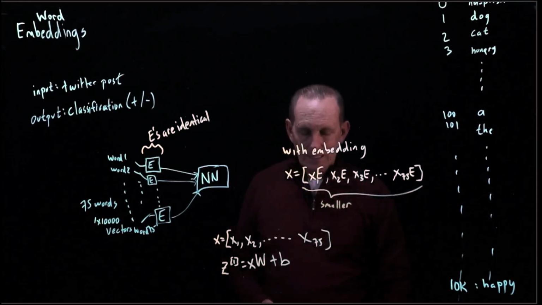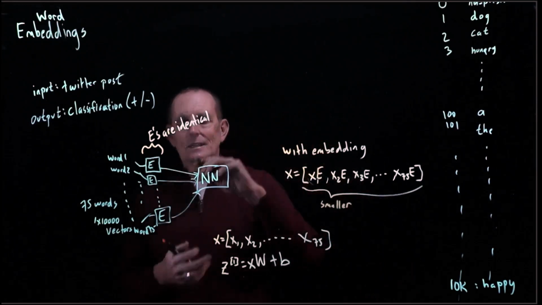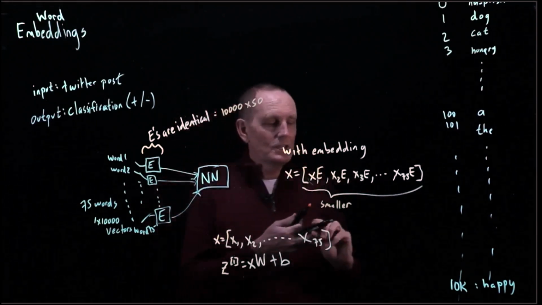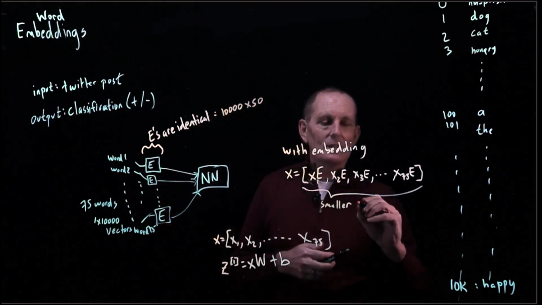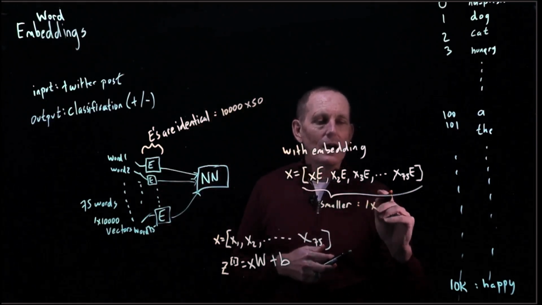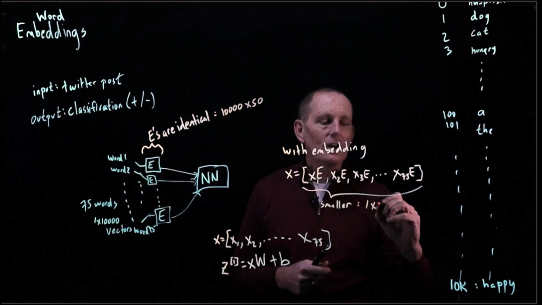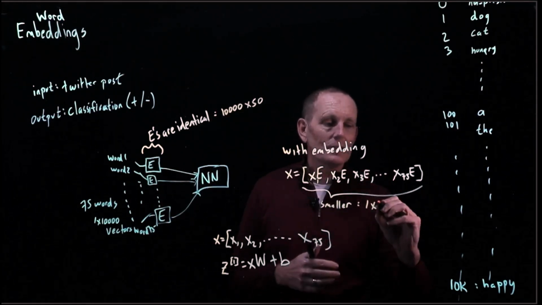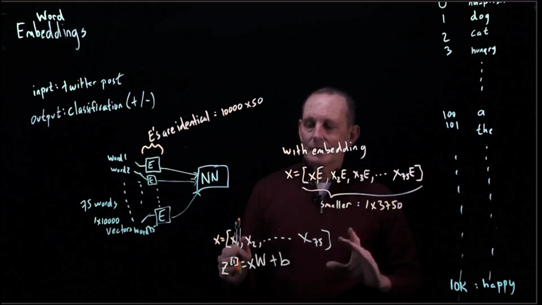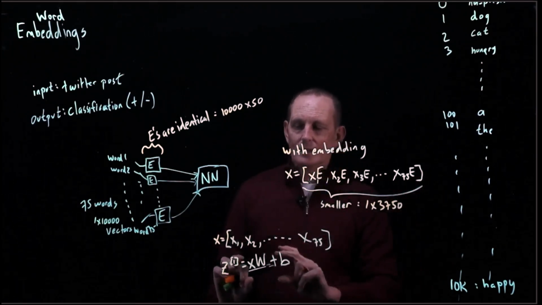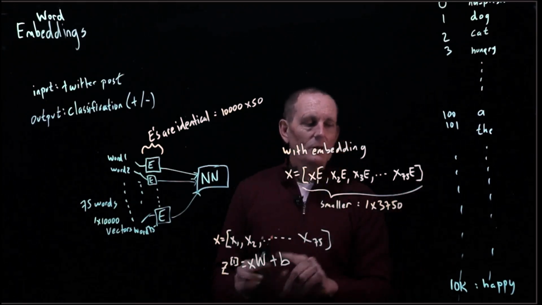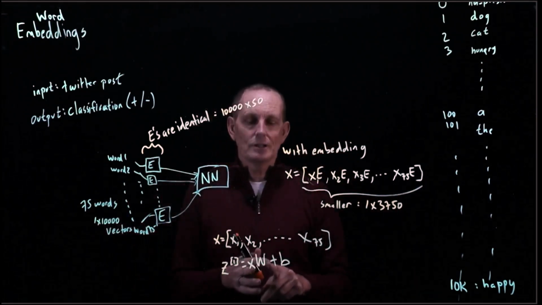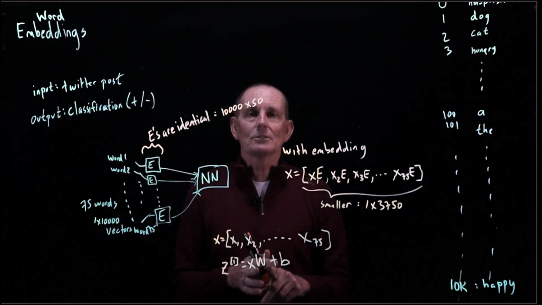If E is, let's say, 10,000 by 50, then all of a sudden this becomes a 1 by 50 times 75. So 50 times 75 is 3,750. So incoming to z1 is now x, which is 1 by 3,750, instead of 1 by 750,000. So this weight matrix becomes much, much smaller.